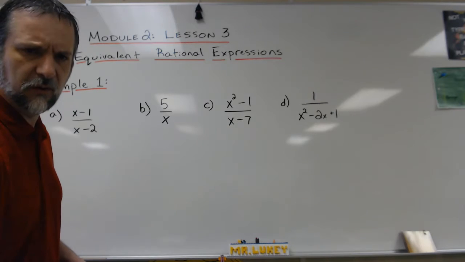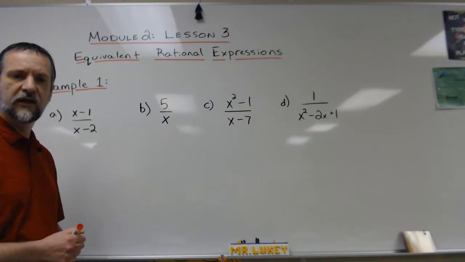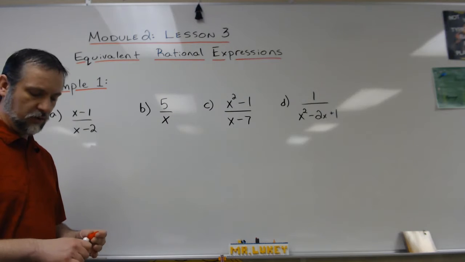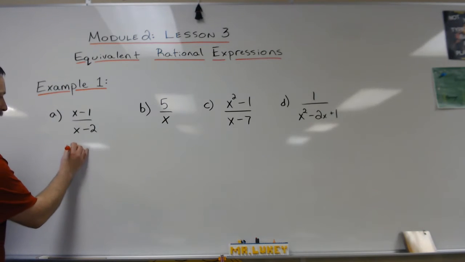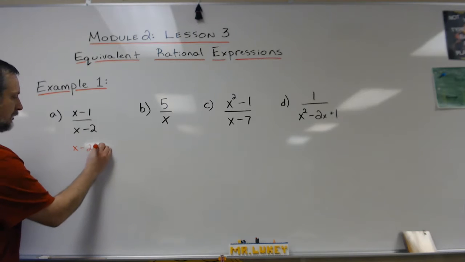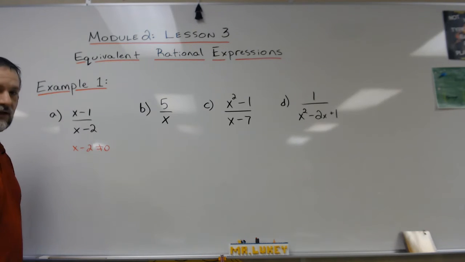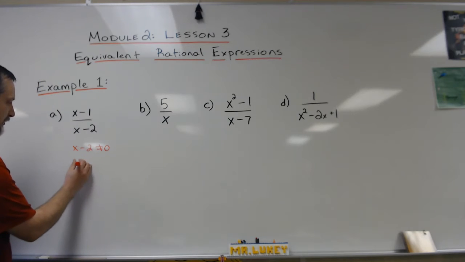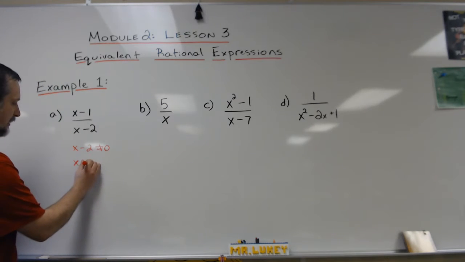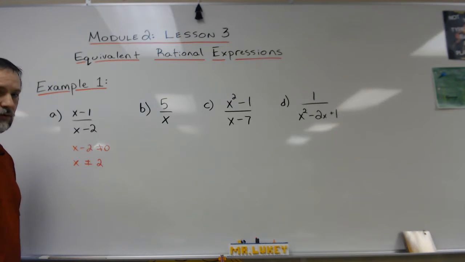So fairly straightforward. Our first one here, we have x minus 1 divided by x minus 2. So we know our denominator cannot equal 0, therefore x minus 2 cannot equal 0. We solve the equation as we do normally, so we add 2 to both sides. So x cannot equal 2.